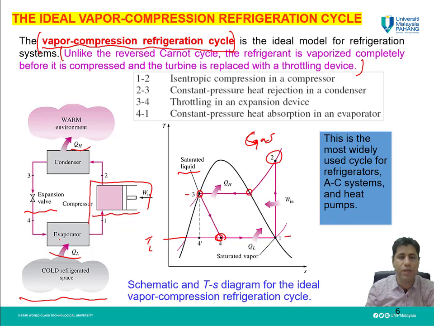Then it will go to the evaporator, which is inside the refrigerator. In the evaporator, QL is absorbed by the cold medium, or the refrigerated space, and the phase is changed from liquid to saturated gas, which is the initial state which we had.